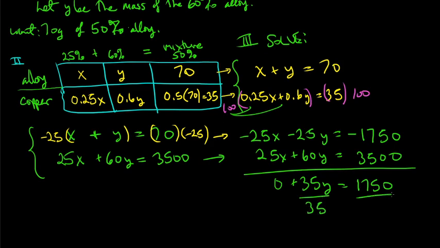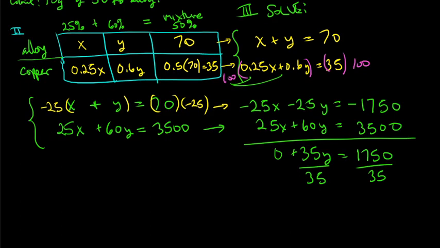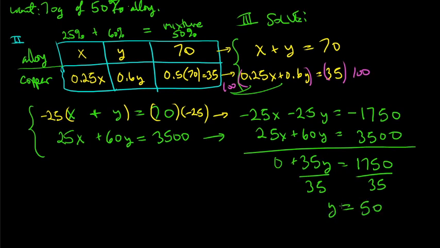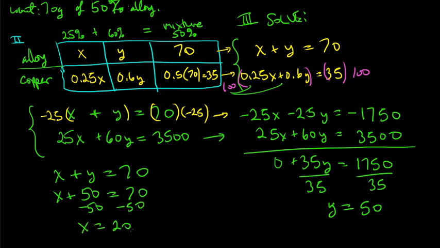So now we just divide by 35 on each side. And I get y equals 50. But we're not done. We still have to find x. But we know x plus y equals 70. So if there's 50 grams of the 60% alloy, we just subtract the 50 from both sides, and we get 20 for x. So that's our solution.